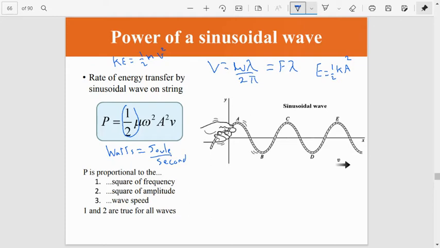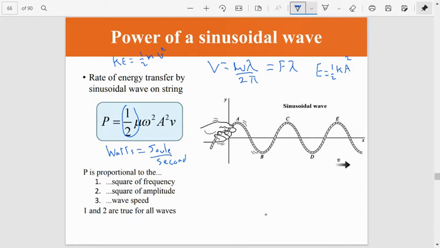You can think about this due to the fact that if you have two objects moving at the same speed, but one is heavier, the heavier object is going to have more kinetic energy. It's a similar notion in this formula as to why the power is proportional to the linear mass density. A string with more mass will carry more energy.